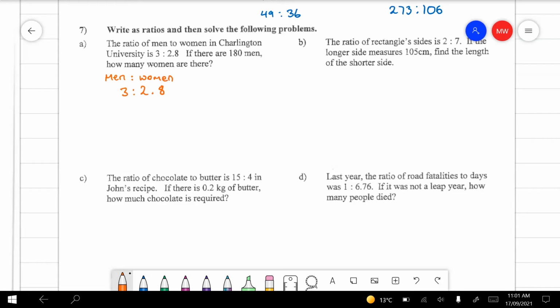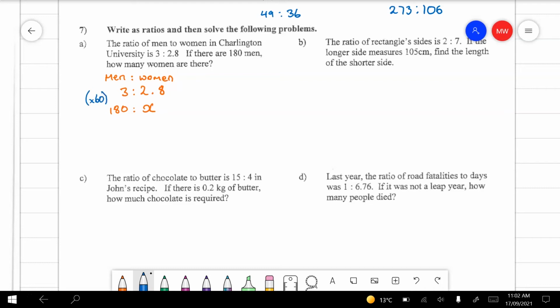If there are 180 men, how many women are there? So this is just another equivalent ratio question, so we're just going to have to change that x. So what did I do to 3 to make it 180? I multiplied it by 60.